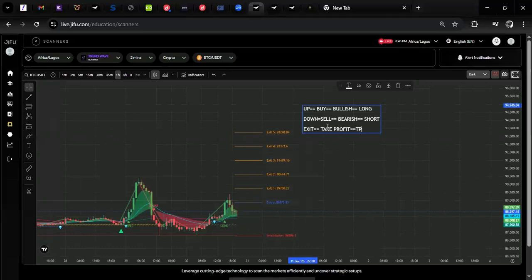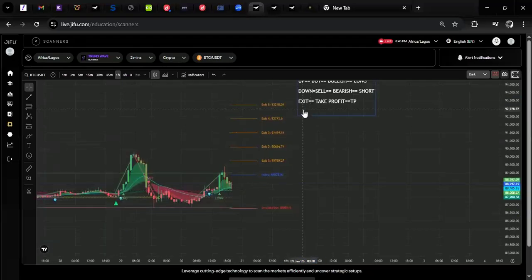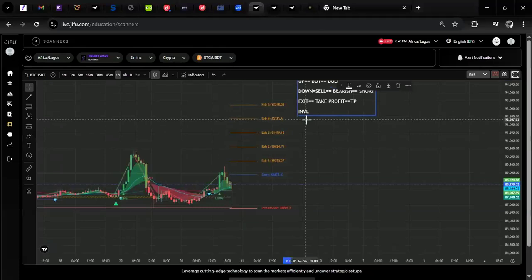All right. Same thing goes for this other one here. This is called invalidation. The abbreviation for invalidation is INVL, so I'm just going to be writing INVL. Whenever you say INVL, you know what it means. Another word for INVL is stop loss, and the abbreviation for stop loss is SL.